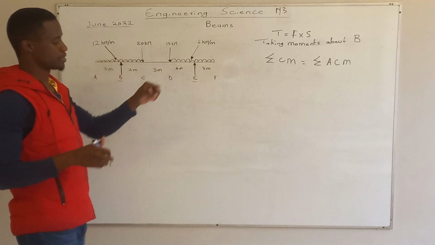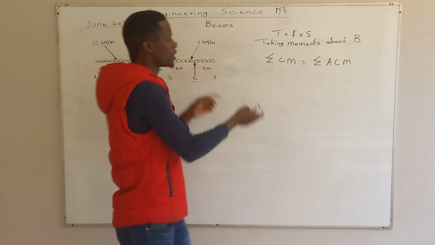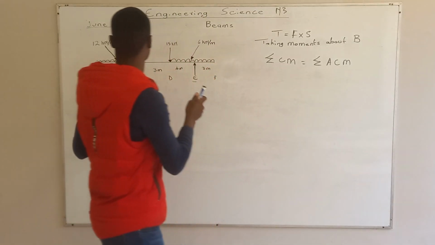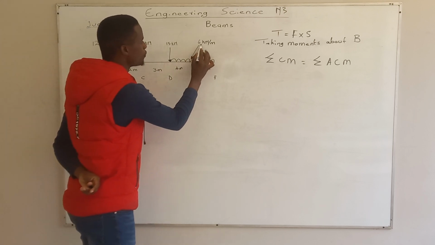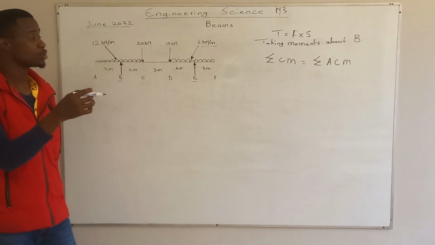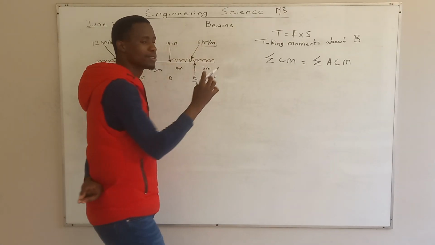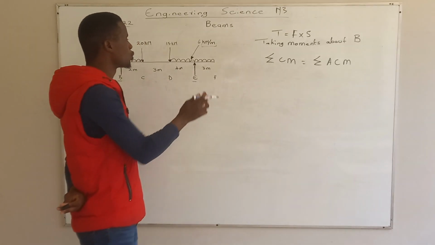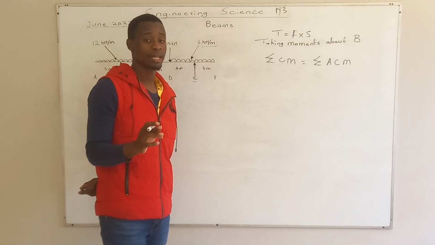Now let's look at this thing. When you look at it, we have these two things. We call them the UDLs. So the first thing that you need to do before you even calculate, you need to convert these kilonewtons per meter into kilonewtons. So to say that we're going to be removing these meters. How are we going to remove them? By multiplying by the distance of that UDL.